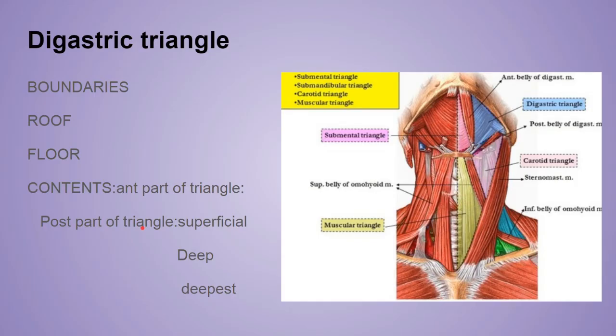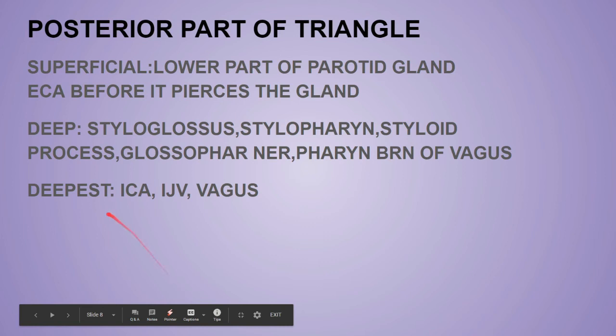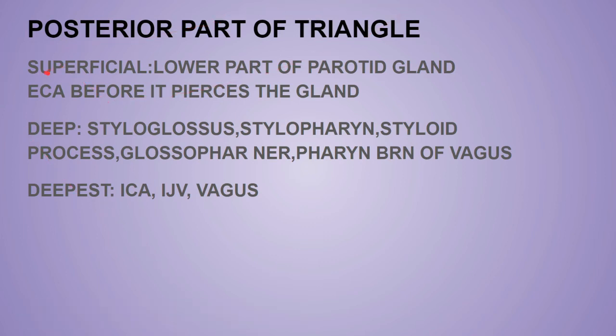Now the posterior part of the triangle, we will divide it into mainly three regions, that is superficial, deep, and deepest. In the superficial part, we will be having the lower part of the parotid gland and the external carotid artery before it pierces or enters the gland.